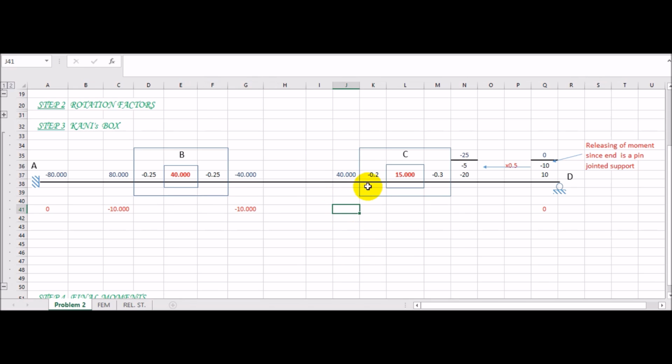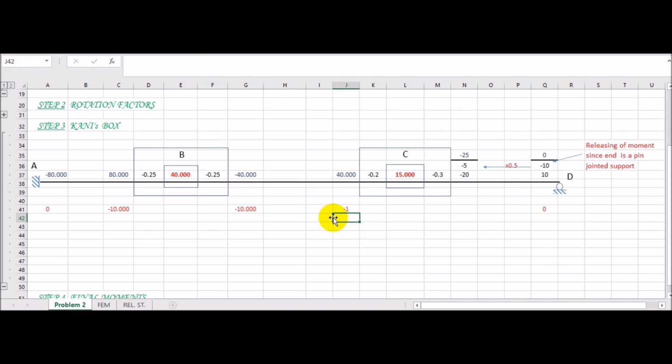Now we will find the iteration value of CB. It is equal to summation moment plus latest iteration value of left support, that now B is to the left of C and the latest iteration value is minus 10, plus latest iteration value of right support, since D is to the right of C and the latest iteration value is 0, into rotation factor of CB.